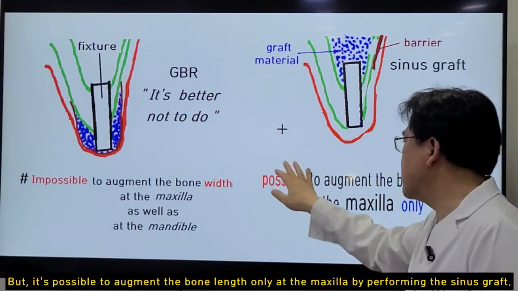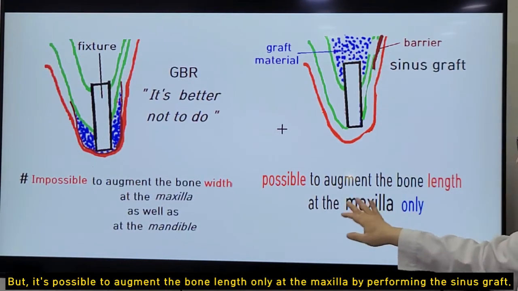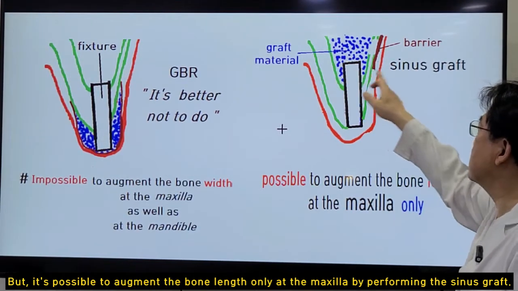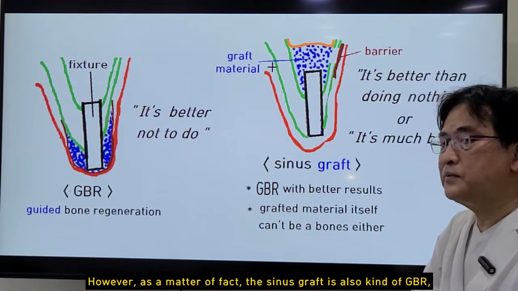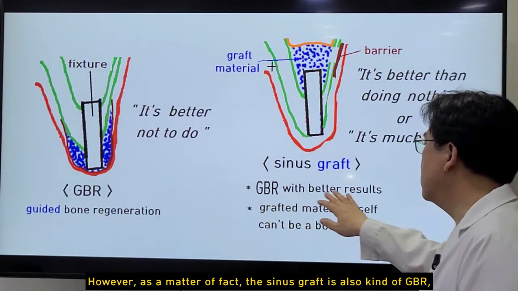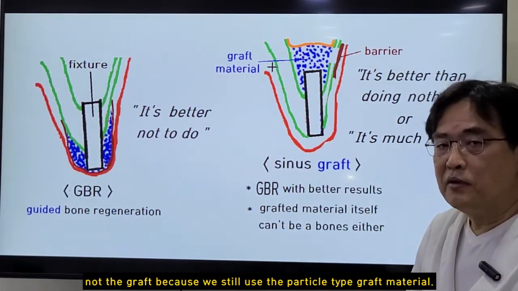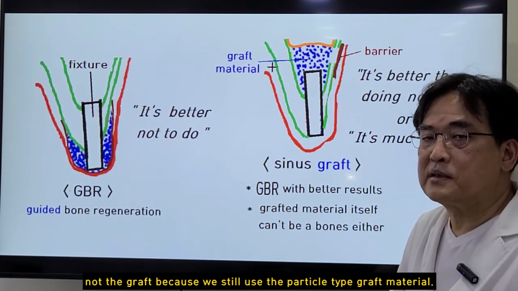But it's possible to augment the bone length only at the maxilla by performing sinus graft. However, as a matter of fact, the sinus graft is also a kind of GBR, not a graft, because we still use particle-type graft materials.